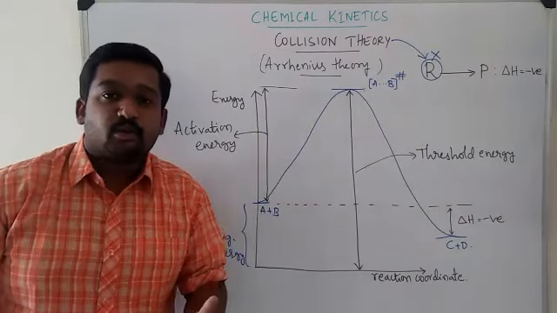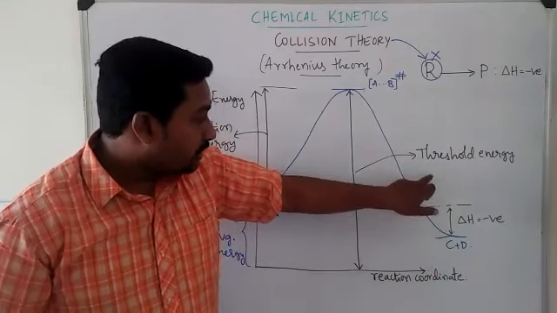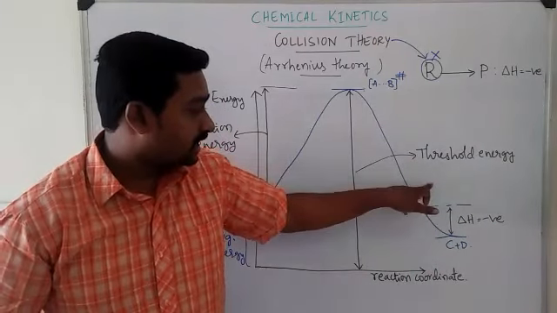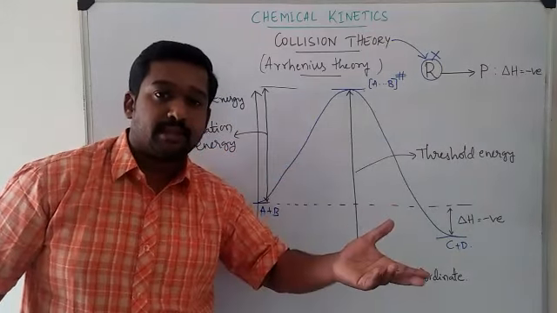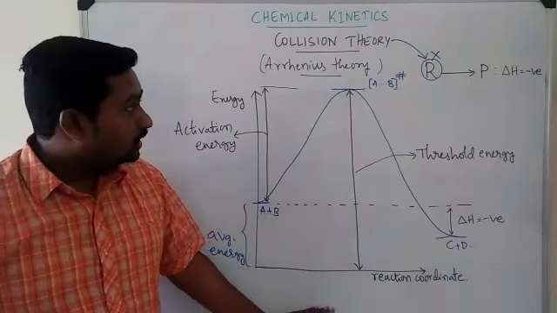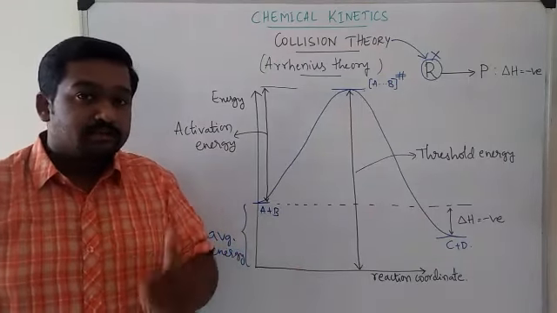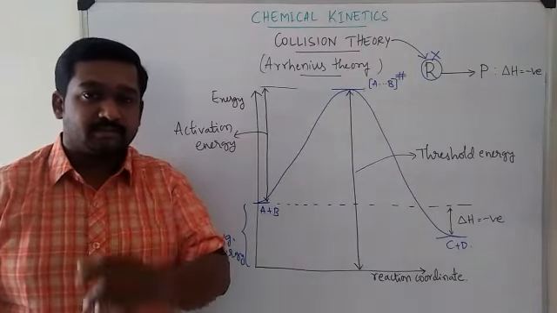In case the reaction was an endothermic process, this curve would have been above this level. So somewhere here, that will have delta H value positive, where we need to supply energy. It will be endothermic process. So look at the graph once again. We will now see what are the different factors that may affect the reaction speed.